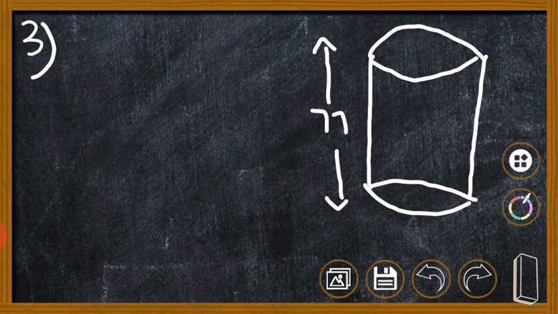Why? Since it is a pipe, it is an open cylinder. But inner diameter and outer diameter it is given, meaning the pipe has some thickness. Like this.